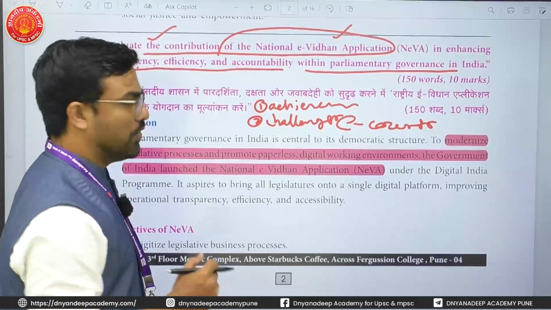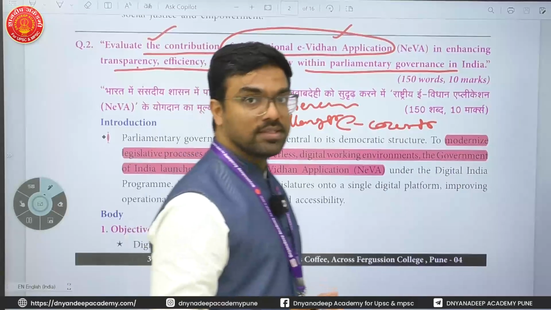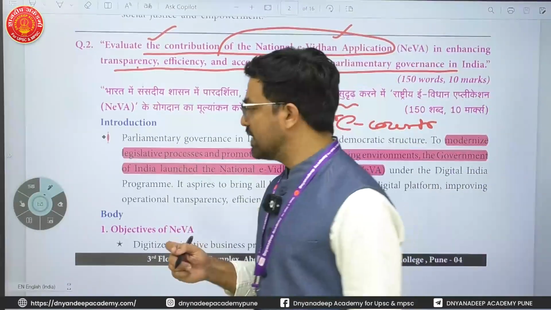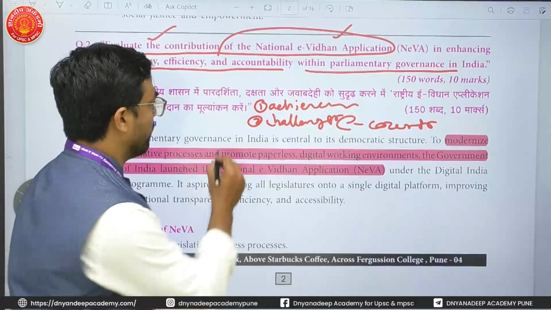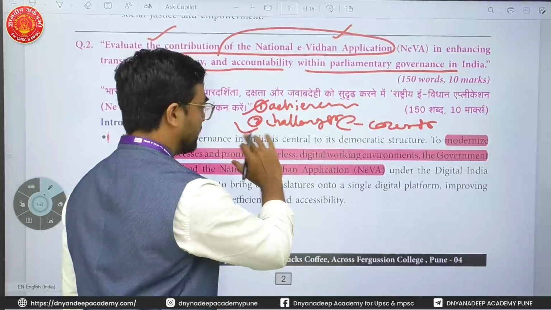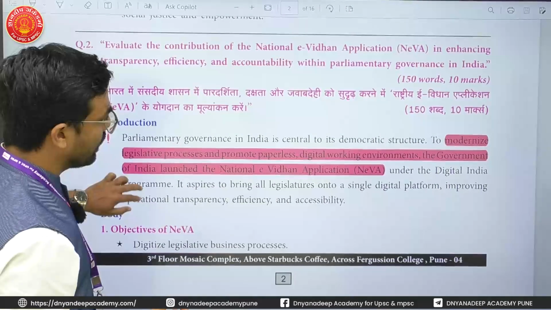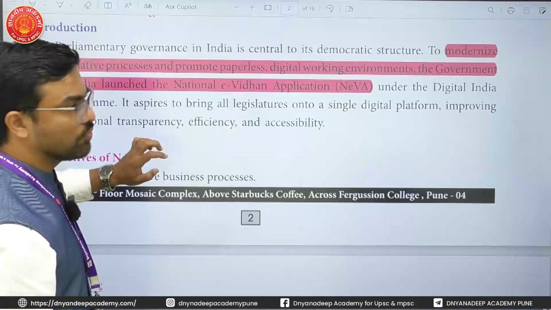In the introduction you have to write what the National e-Vidhan application is, what its purpose is and what it does, in short. In the main body, the first part is its achievements, and the second part is challenges, and in the third part, the conclusion, we can discuss measures that should be taken.